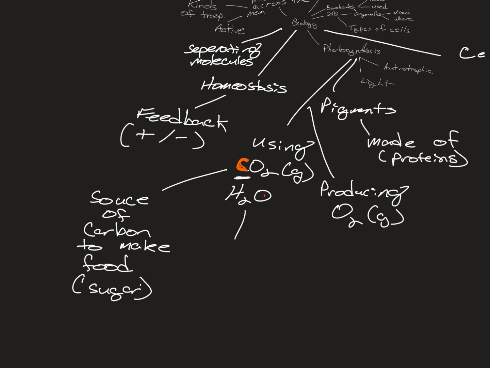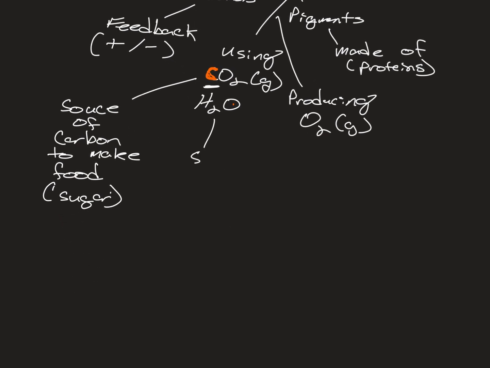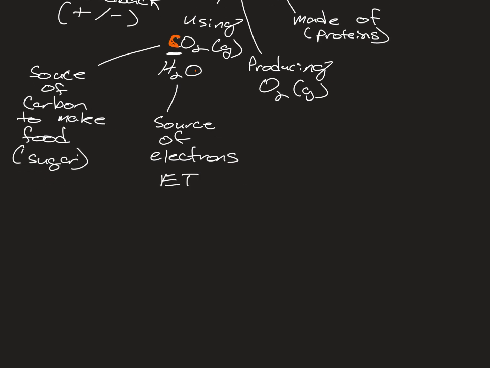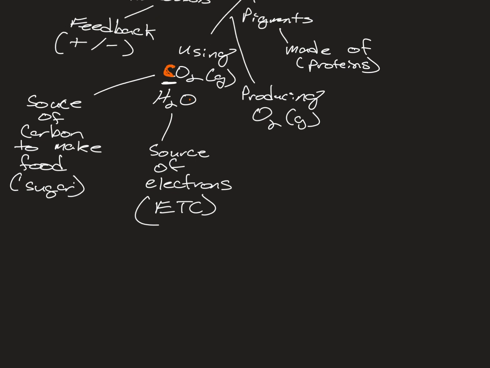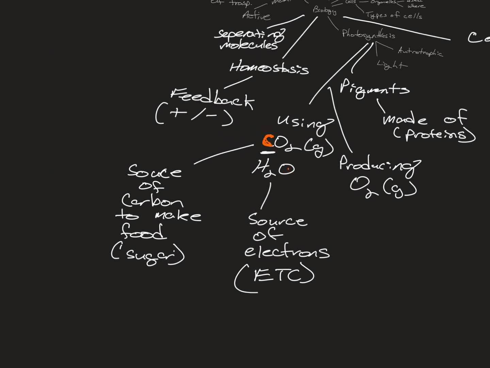You've talked about how water is the source, not sauce, source of electrons for the electron transport chain that's in photosynthesis. You've talked about that it uses light as a source of energy.